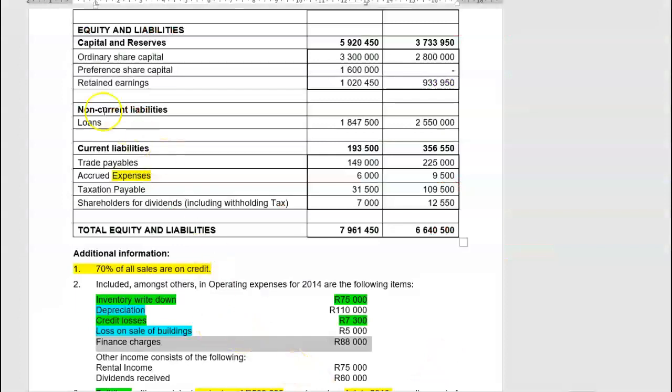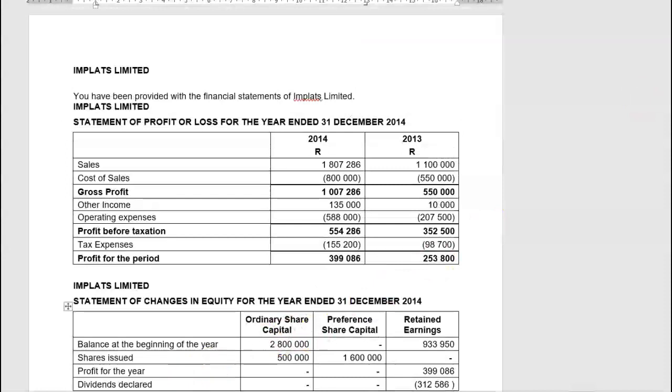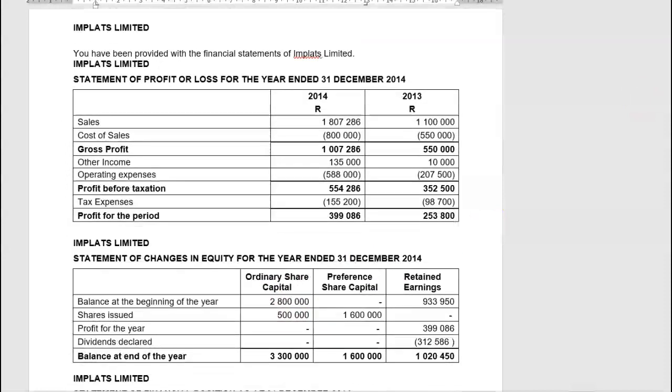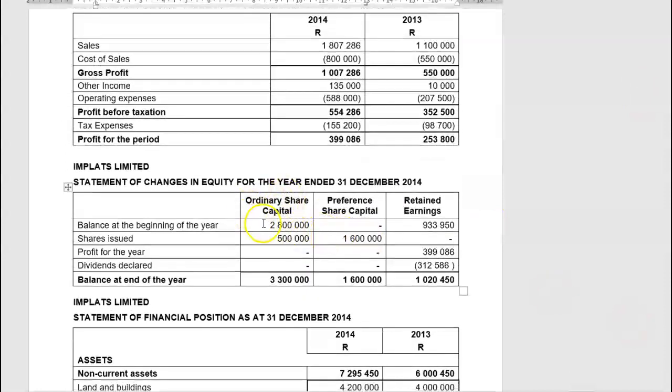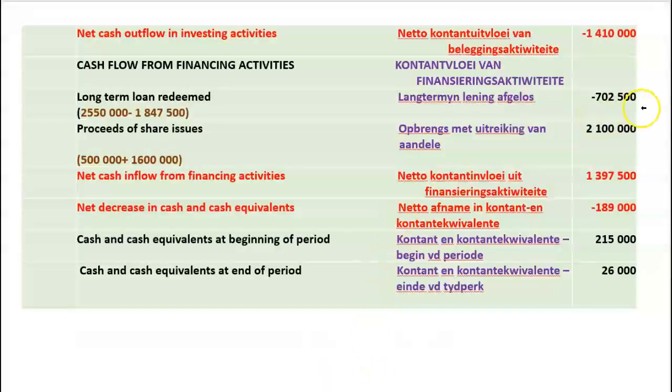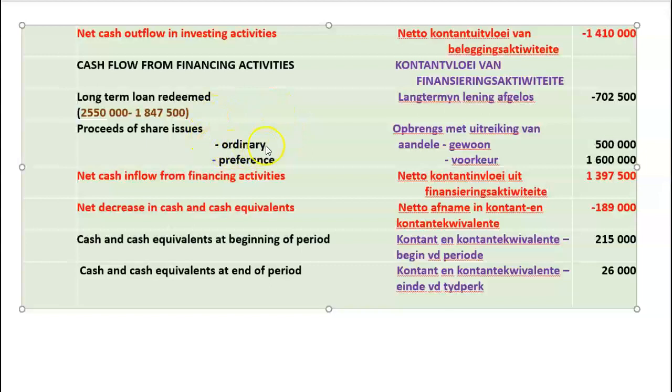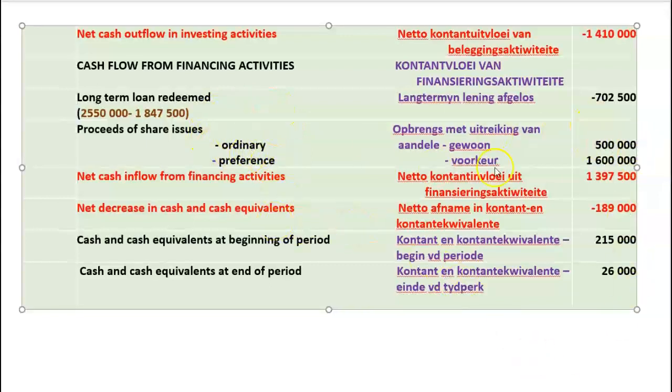And then our share capital. Now that we could have picked up in the statement of profit or loss, a statement of changes in equity as well. Ordinary shares issued 500,000, preference share capital issued 1.6 million. You're not allowed to net off, so ordinary shares issued, the proceeds was 500,000, preference shares issued was 1.6 million Rand.